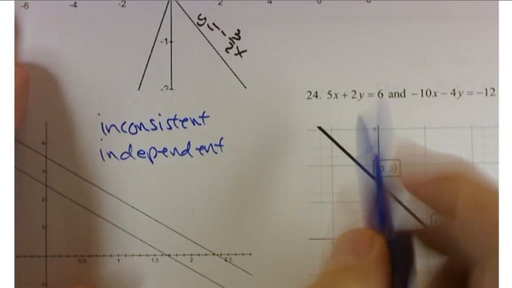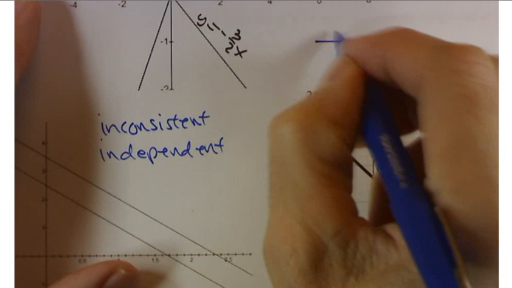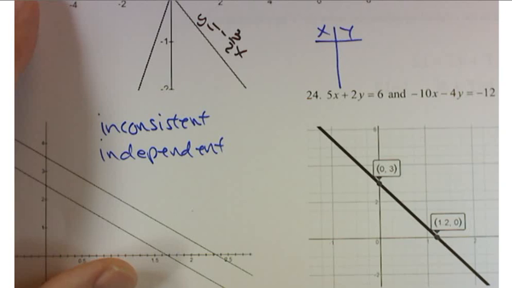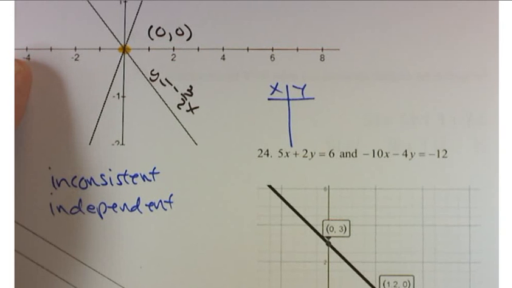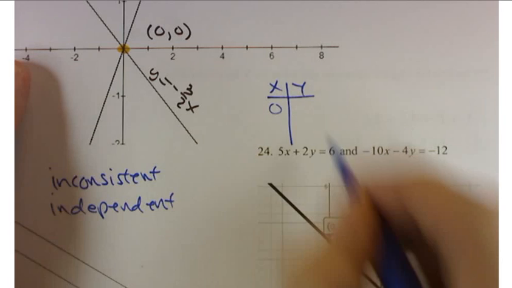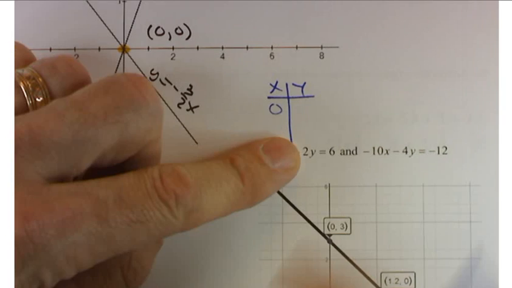Now, I've already graphed this one here. And as a reminder, one way to graph these things is by setting x and y equal to 0. So if I set x equal to 0, then I could solve for y. Y would be 3.